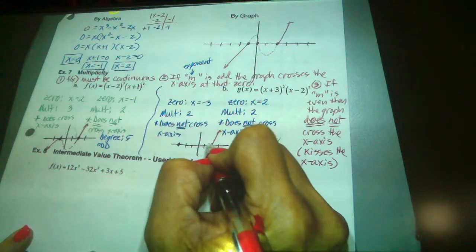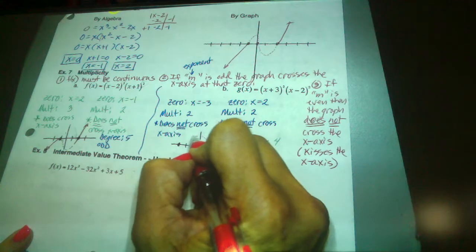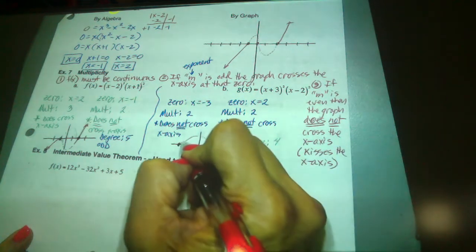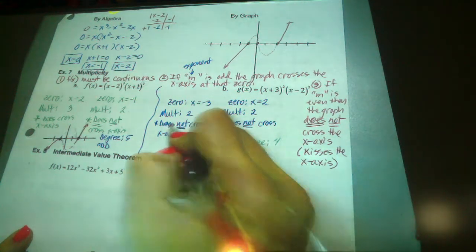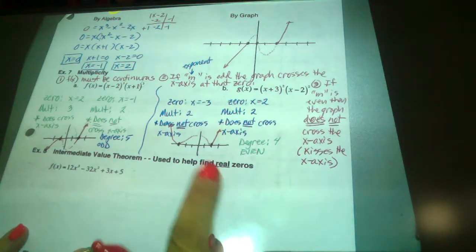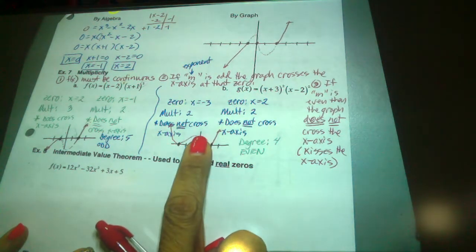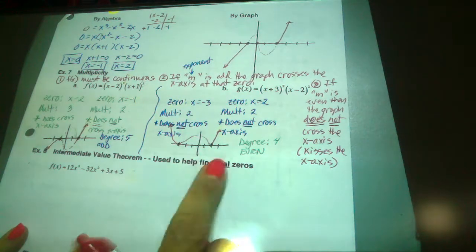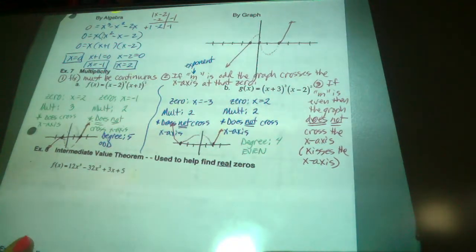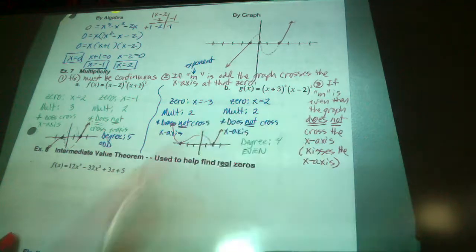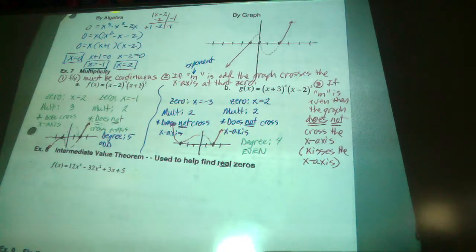So it must go up and come back down to kiss that one, and it bounces back up. So it must look something like a W in here. There can only be one maximum between those two zeros. There could be some wiggly squigglies in there. I don't know. You'll have to throw it into your calculator to see what happens. But for the most part, that's what it's going to look like.